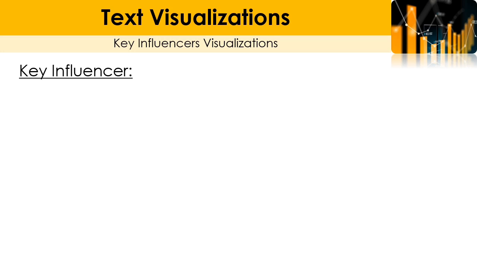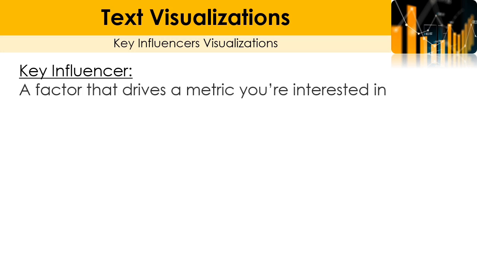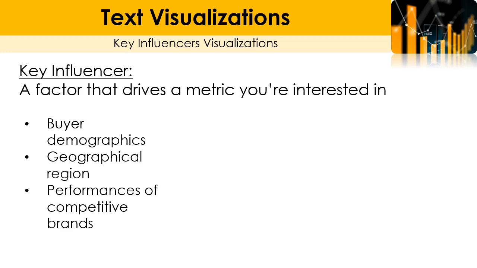The definition of a key influencer is a factor that drives a metric you're interested in. In other words, key influencers are factors that contribute to important data trends, and oftentimes can be things like buyer demographics, geographical region, or the performances of competitive brands.